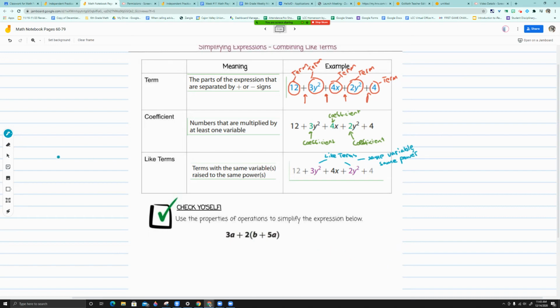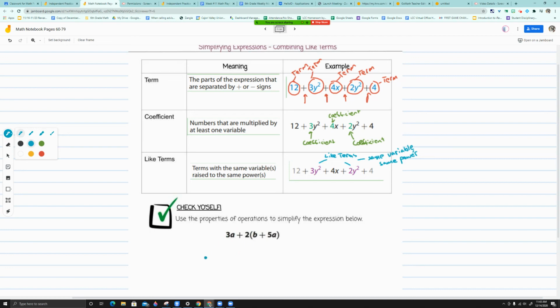Down below it says, use the properties of operations to simplify the expression below. Okay, so looking at this, I want to take a look at what like terms we have.